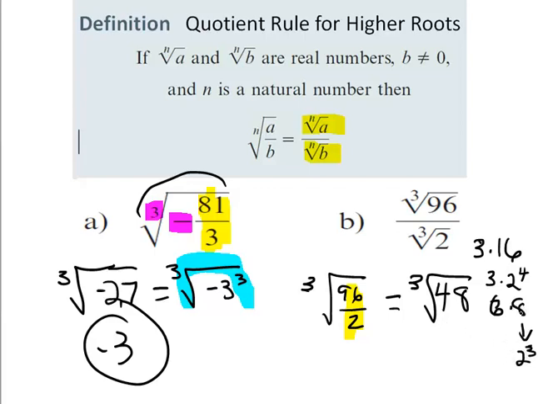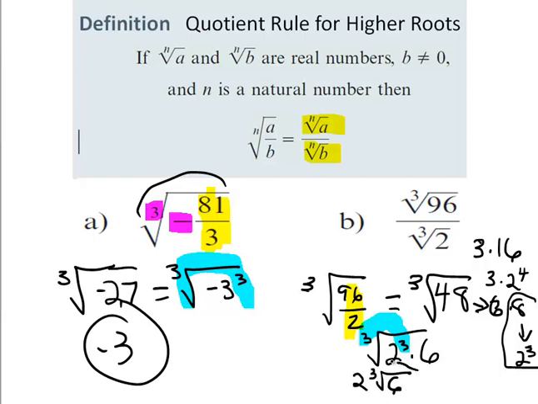Okay, sorry, let me start again. 48 is 6 times 8, and 8 is 2 cubed. So I'm going to rewrite that as the cube root of 2 cubed times 6. And because those are the same, that can come out. So I have 2 cube root 6. And that's my simplified version of what I started out with.